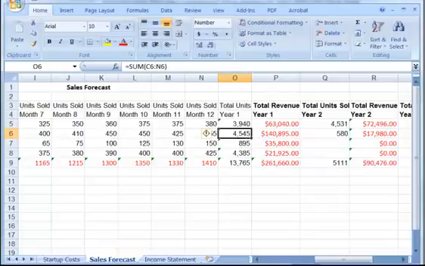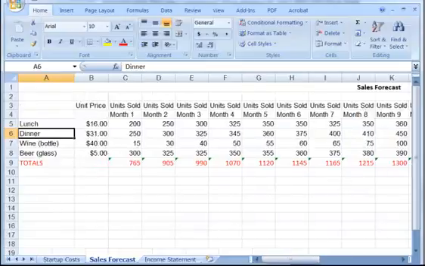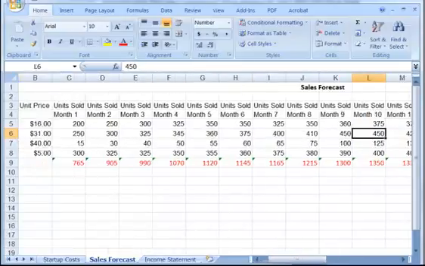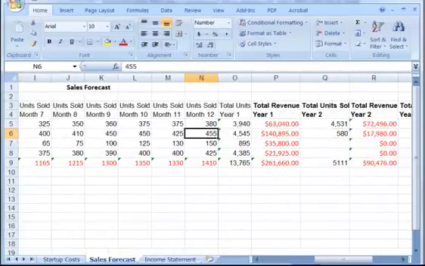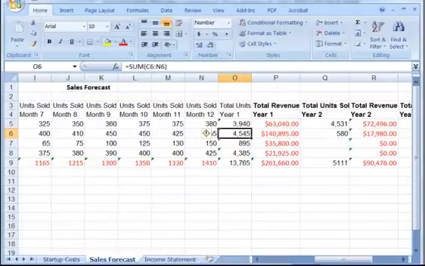So in year one, she sold 4,554 units, or dinners, at an average price of, I believe, $31. So let's increase the number that she sold again by 15%. So I'm going to times this $4,545 times 1.15 and see what I come up with.